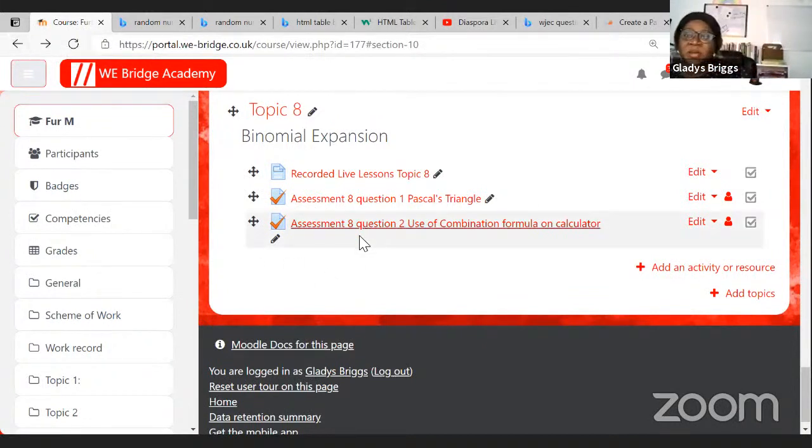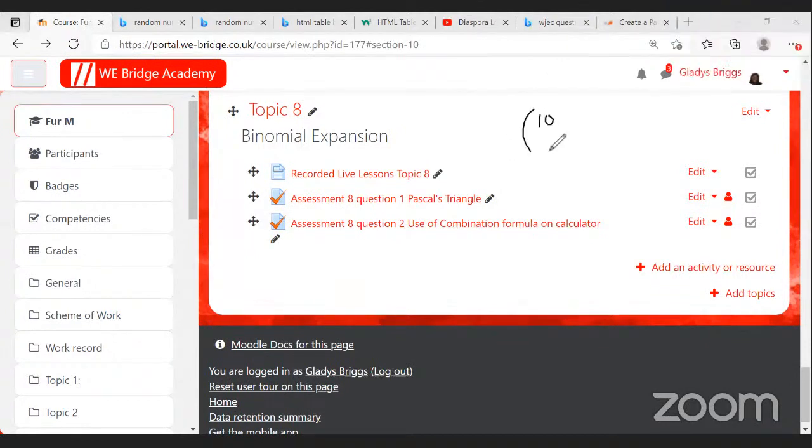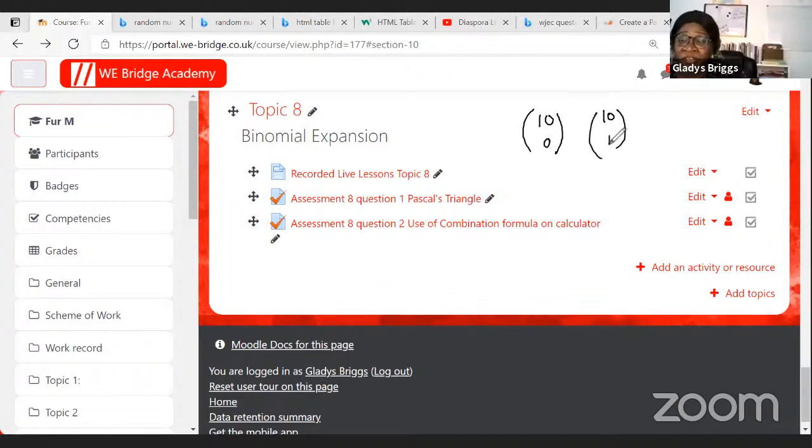What you should be doing is 10 choose 0, 10 choose 1. Don't be in a hurry. Take your time and do it. 10 choose 2, and so on until you get to the one that gives you 5. Because the question is to the power of 10, but you have to find the coefficient of x to the power of 5.